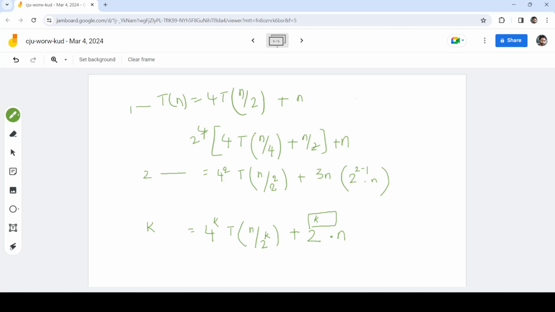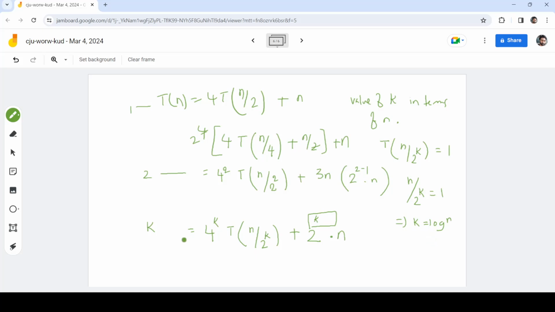Now we have to find the value of k in terms of n. We know that at level k, the value of T(n/2 to the power k) equals 1 because that's the base case, and n/2 to the power k is 1 because the size is 1. So from this, we can write k equals log n, or log base 2 of n.